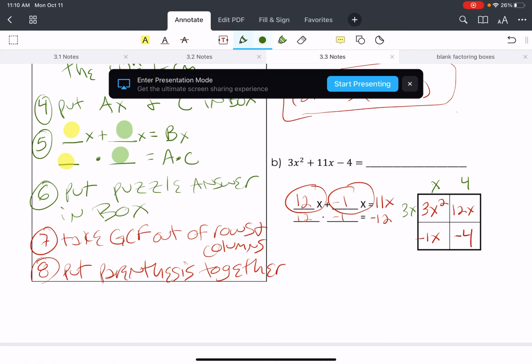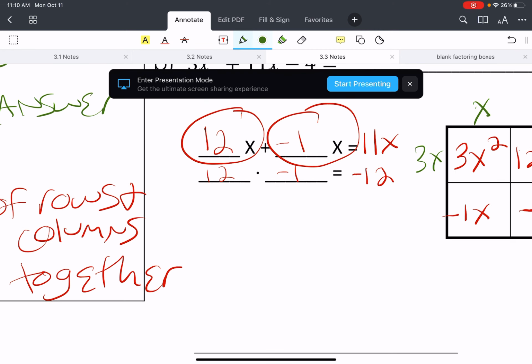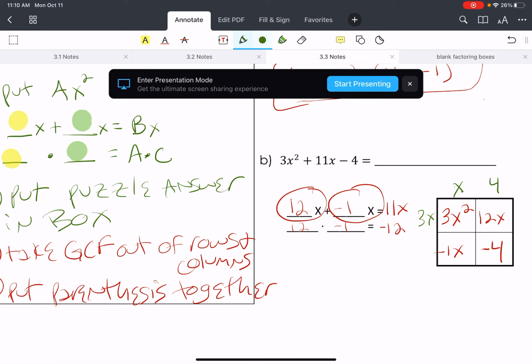Make sense? That's -4, right? No, because we only care if the first one's negative, not the second one. So because the 12 is positive, it's positive 4. Okay? So then 3x, and then what's my last GCF then? Negative 1. So x plus 4 and 3x minus 1.